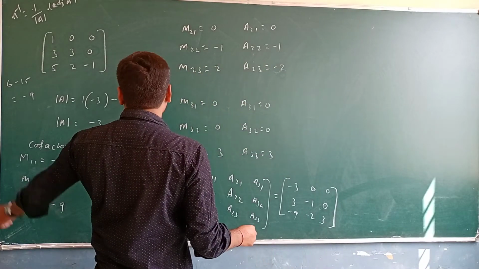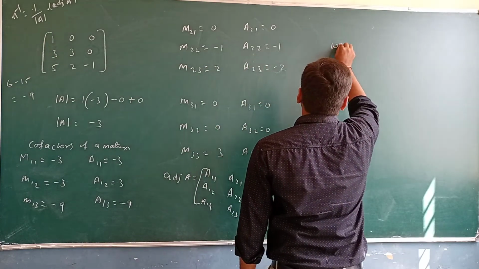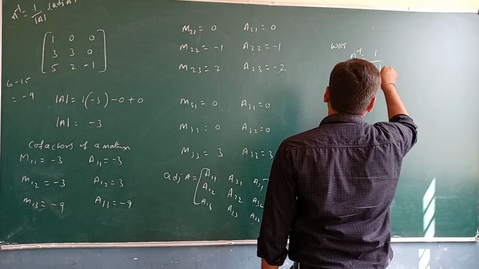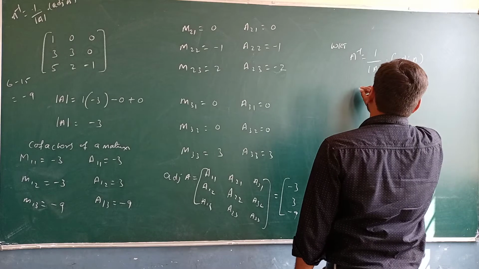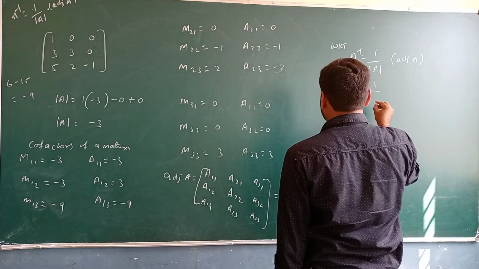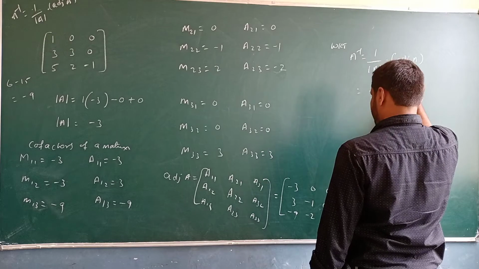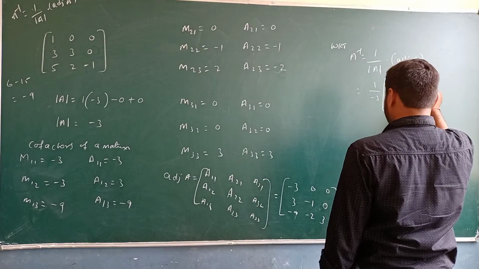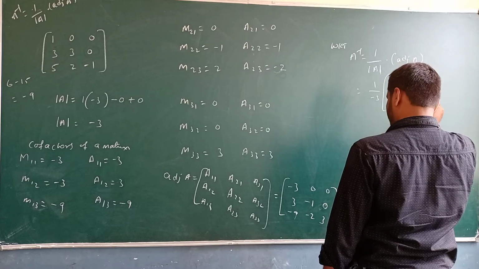So we need to find the inverse again. That's going to be the formula: A inverse is equal to 1 divided by determinant of A into adjoint of A. So here 1 divided by minus 3 into the adjoint of A, which is minus 3, 0, 0, 3, minus 1, 0, minus 9, minus 2, 3.